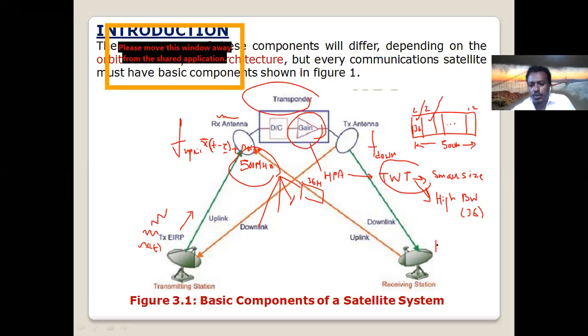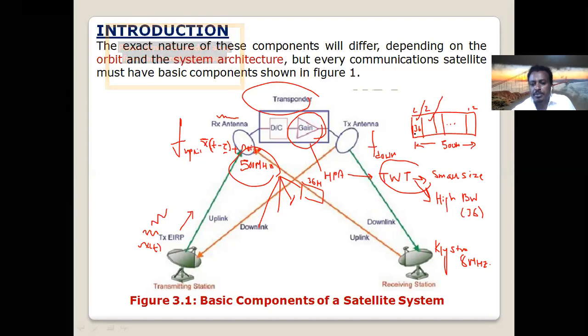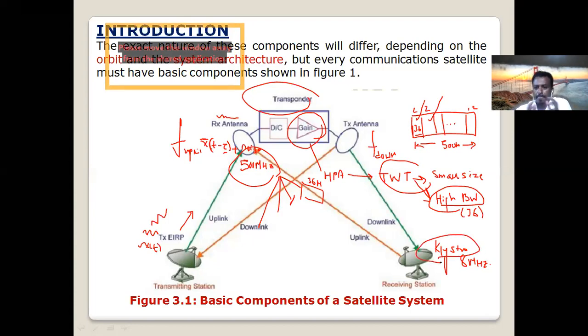If you use a klystron amplifier, it has a bandwidth of only 8 megahertz. So is it possible to use a klystron to amplify a 36 megahertz channel? No. But TWT has high bandwidth compared with a klystron. That's why one advantage of the traveling wave tube amplifier is its high bandwidth.